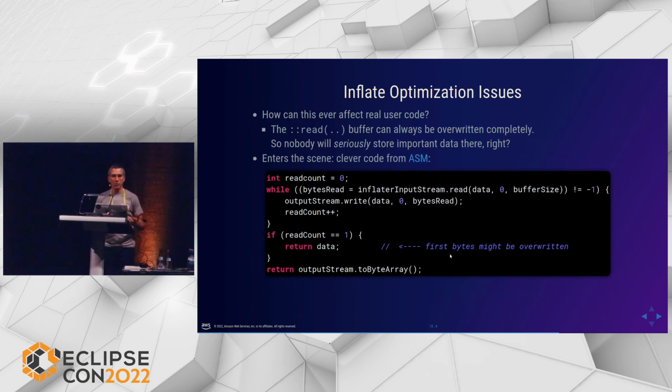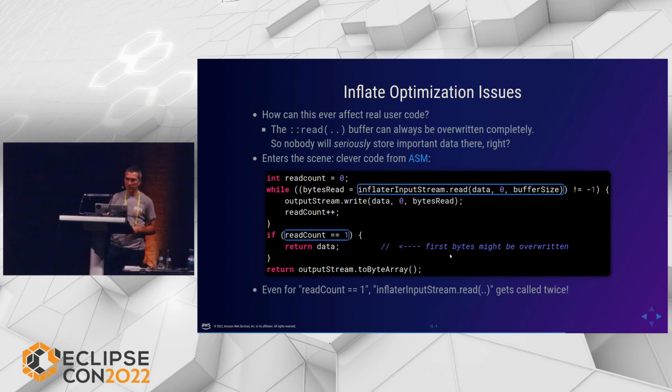And actually, this really caused actual code to break. So this is code taken from ASM, the bytecode assembling library. And what it does is actually quite a nice performance optimization. It reads in a while loop from an InflaterInputStream into a pre-allocated data array.